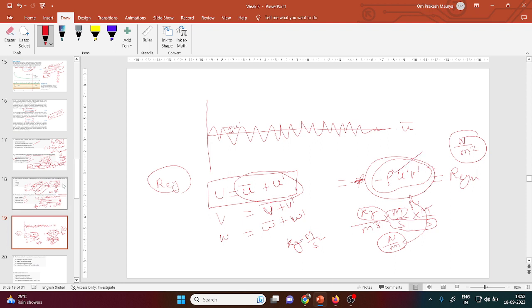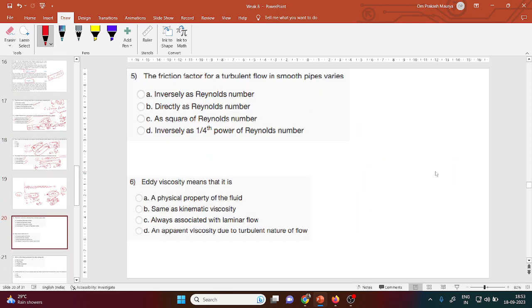I think you have got some extra knowledge about that. Now we'll move on to the next questions, question number 5 and 6. Question 5 is about the friction factor for turbulent flow.